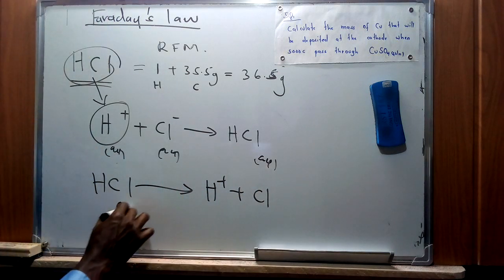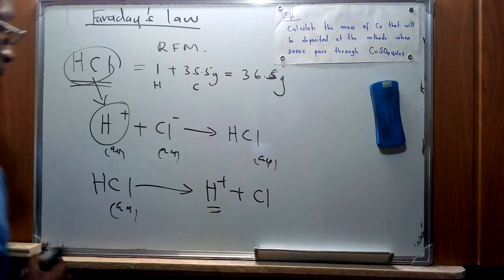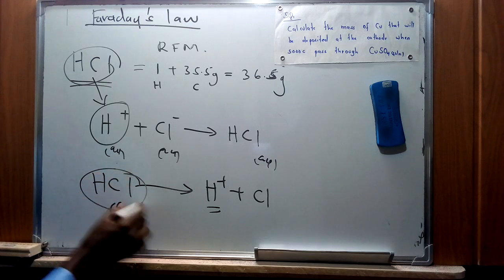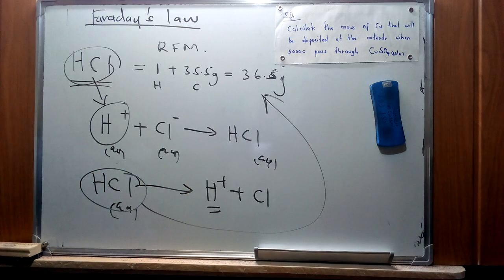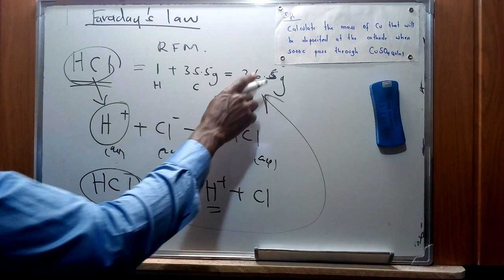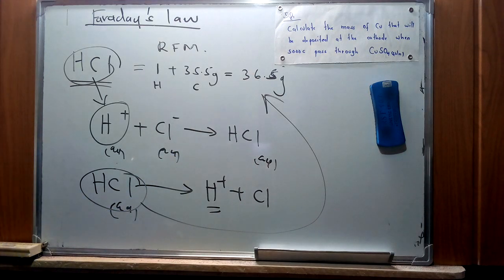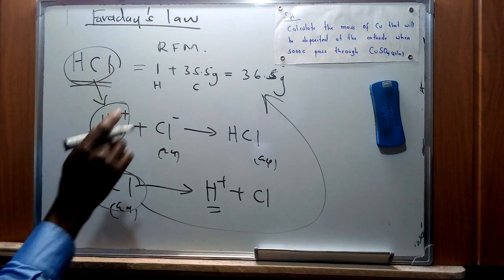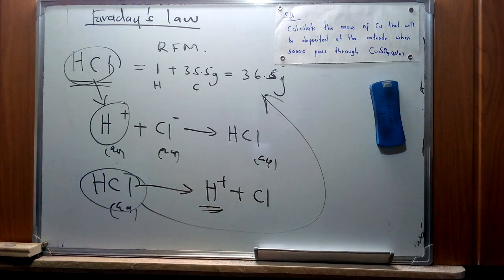This is able to donate a proton, and it still has a mass of 36.5. So this mass is referred to as 1 equivalent of HCl. Therefore, the mass that is able to donate 1 proton is 1 equivalent of that particular substance.